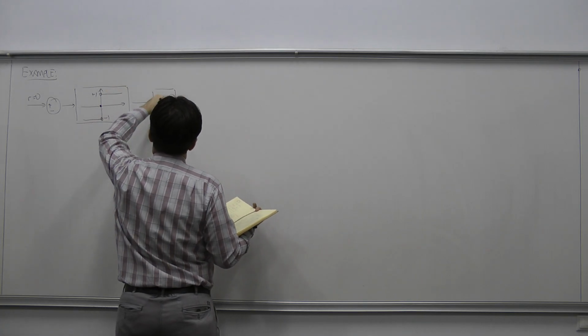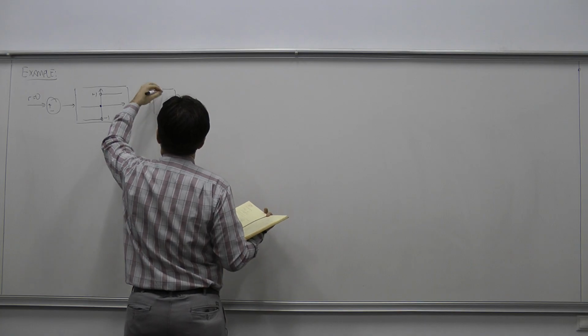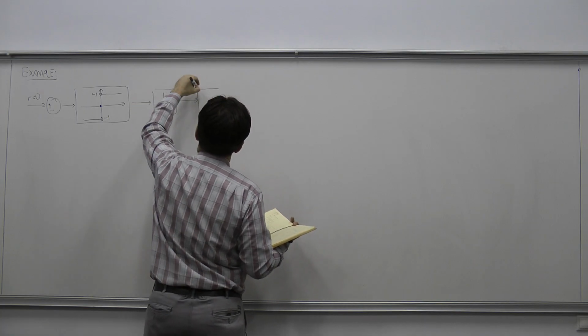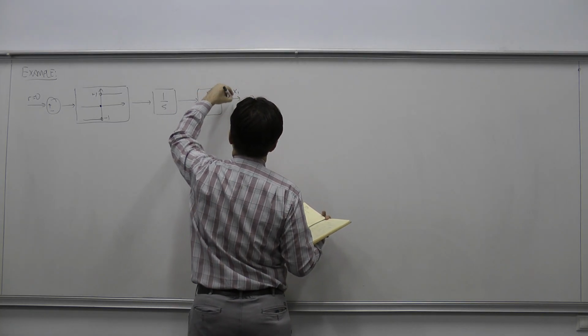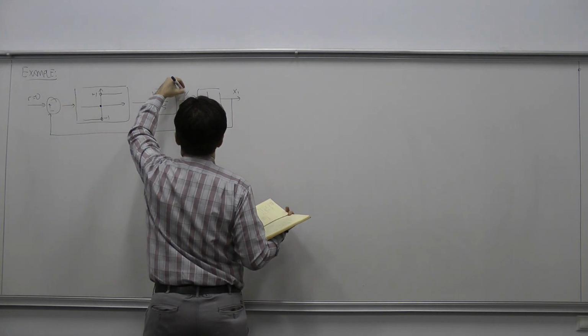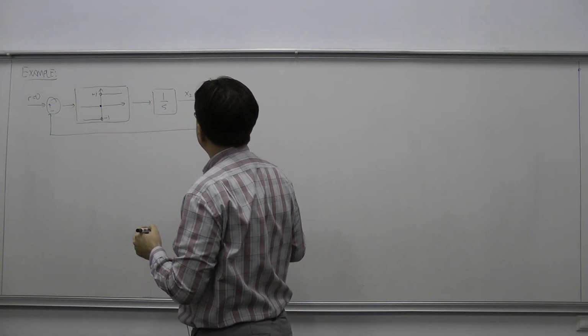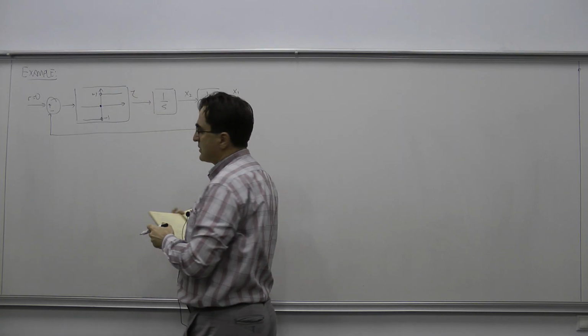And I have double integrators here. Instead of integrator, I can write 1 over s. 1 over s. This is going to be the signal x1. And I have the signal x2 defined like this here. And I will call this signal tau.